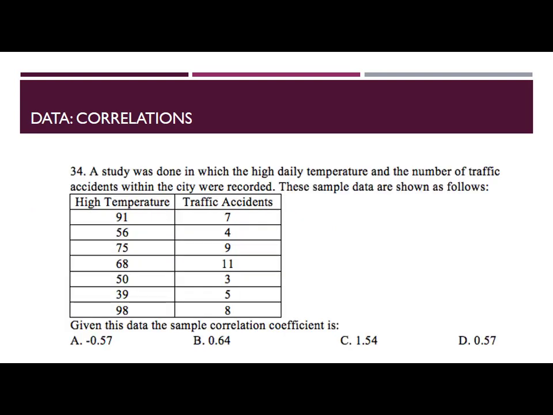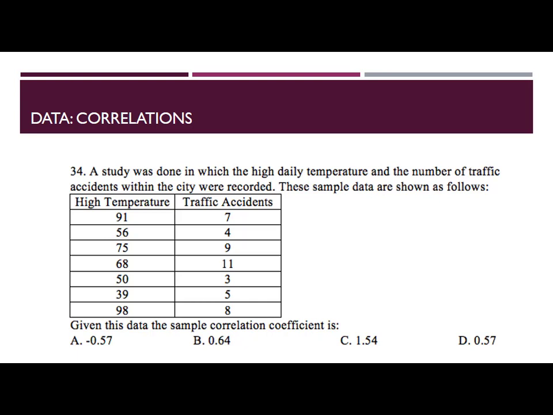Okay, here's a wonderful example of an application of correlation. Look at this. A study was done in which the high daily temperature and the number of traffic accidents within the city were recorded. I'm not sure what city this is. Maybe it's Sacramento. These sample data are shown as follows. So clearly, for each row, there is a pair of values.